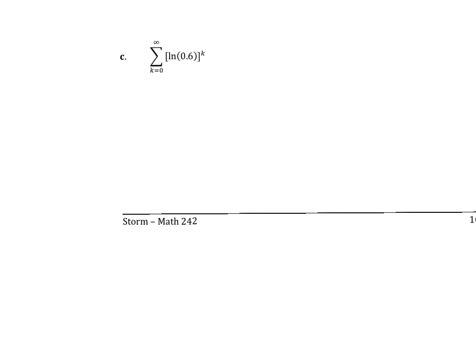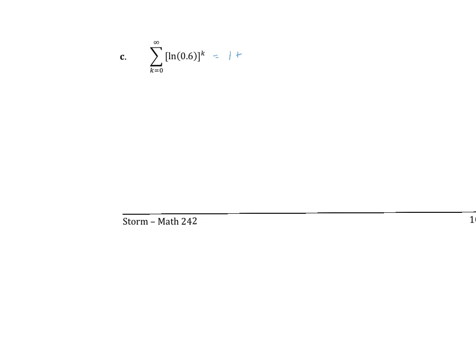Okay, so it looks like this is something to the k power. It looks geometric. If I expand it out, when k is equal to 0, natural log of 0.6 to the 0 power is simply 1.